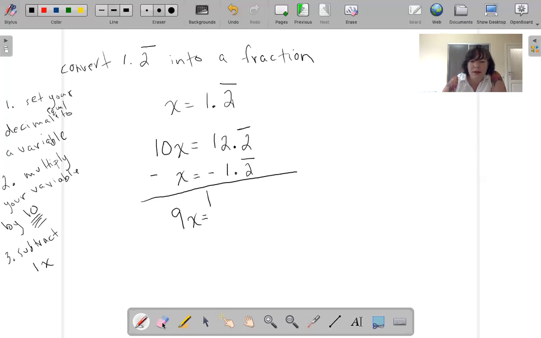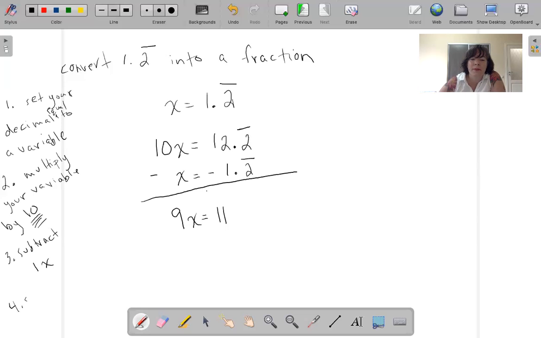Sorry, my pen messed up. 12 minus 1 is 11. 0.2 repeating minus 0.2 repeating is 0. So we've got 9x equals 11.